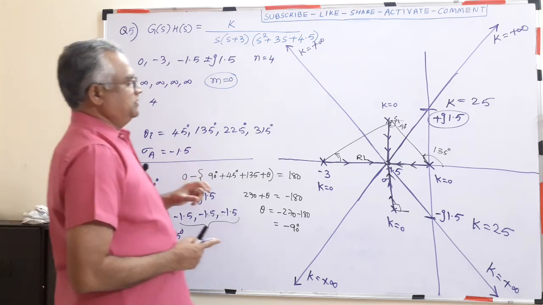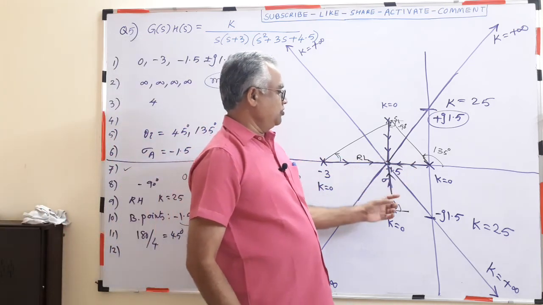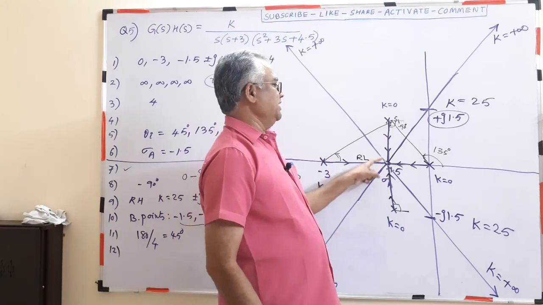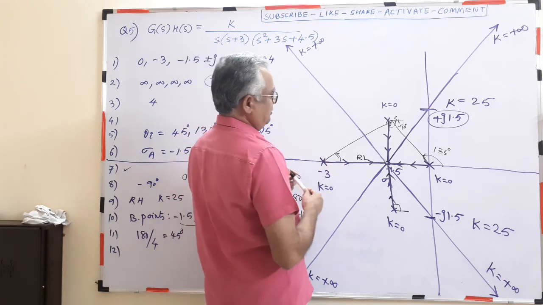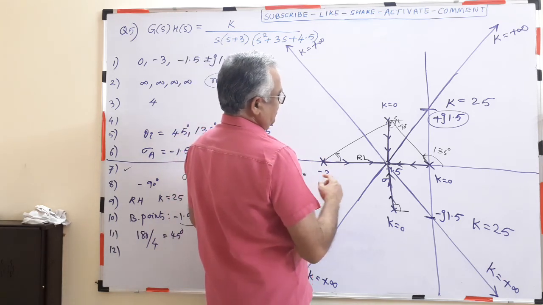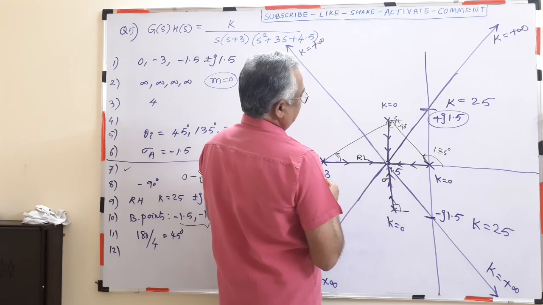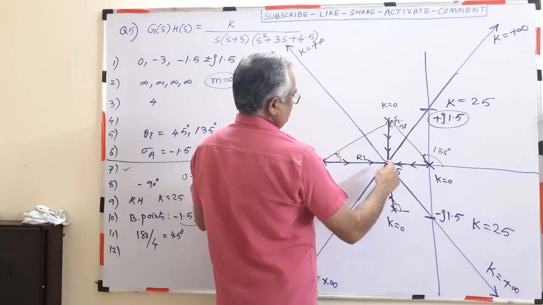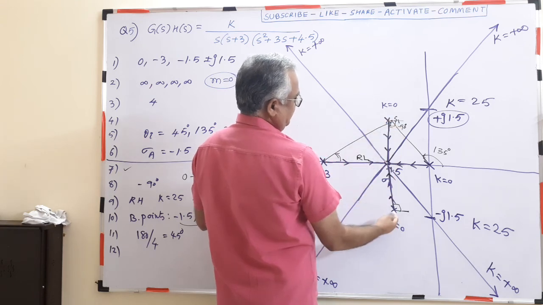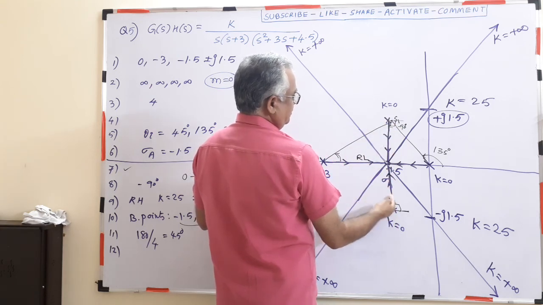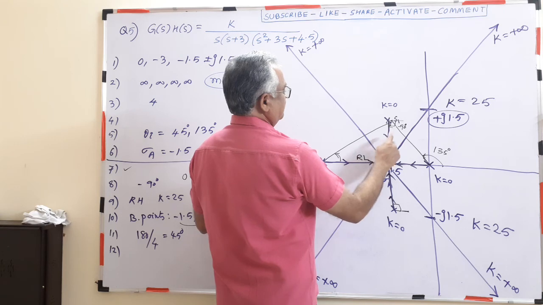The specialty of this problem is all four meeting at the same point. Some problems it will be like this. Some problems it will be like this. This may come here, and this and this may intersect here.